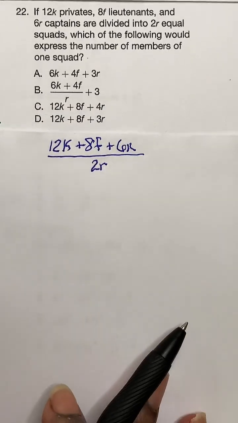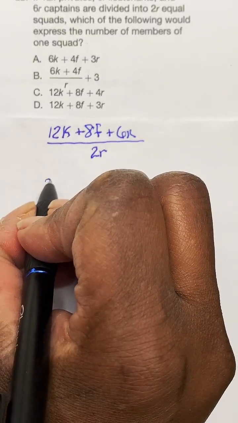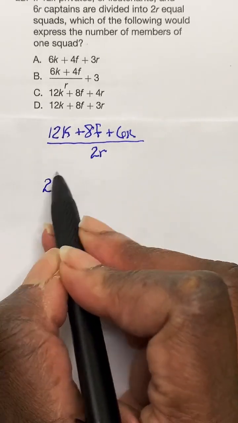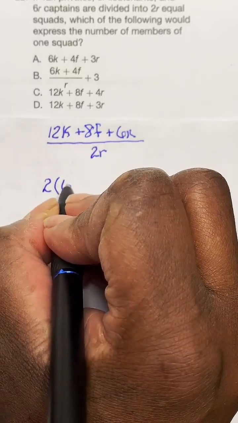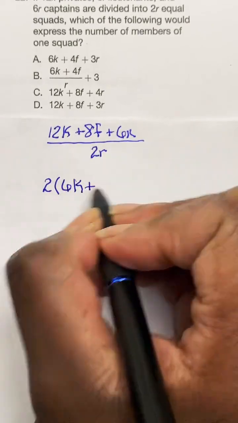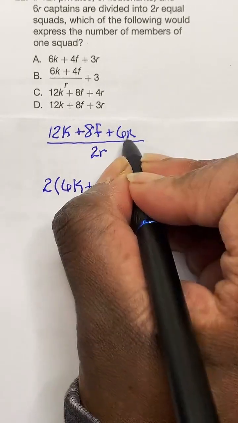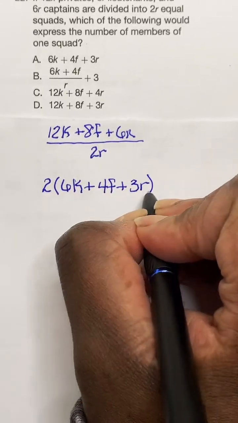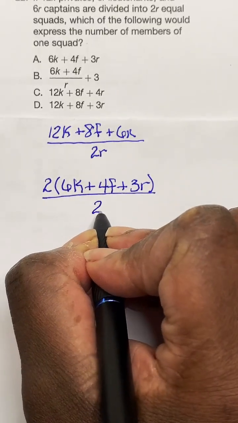If I pull the 2 out, what would be left? What times 2 will give me 12? So if I factor out, I'll have a 6K. Then 8 divided by 2 gives me a 4F. And 6 divided by 2 will give me a 3R. And then dividing all of that by 2R.